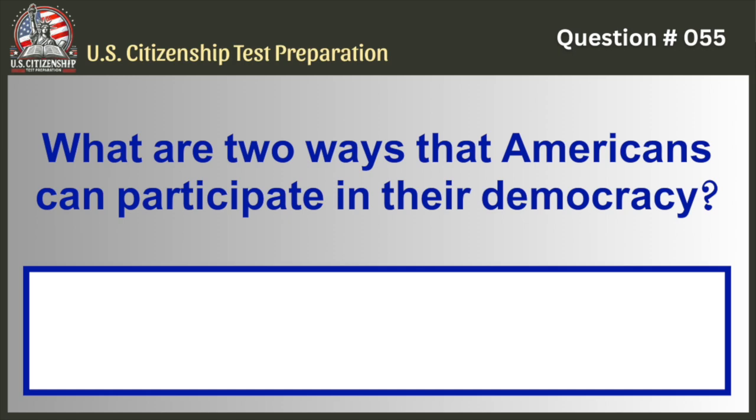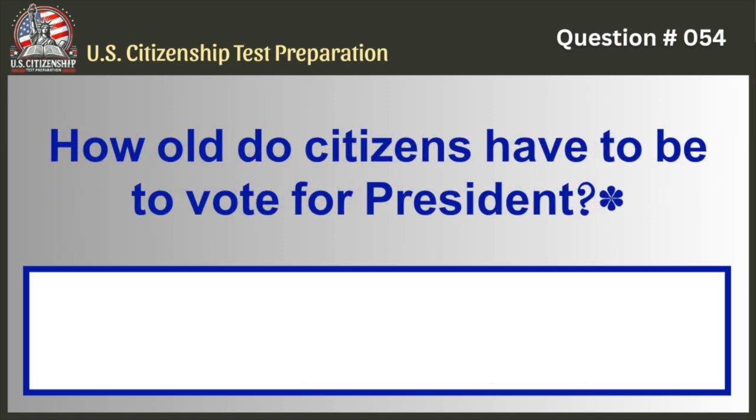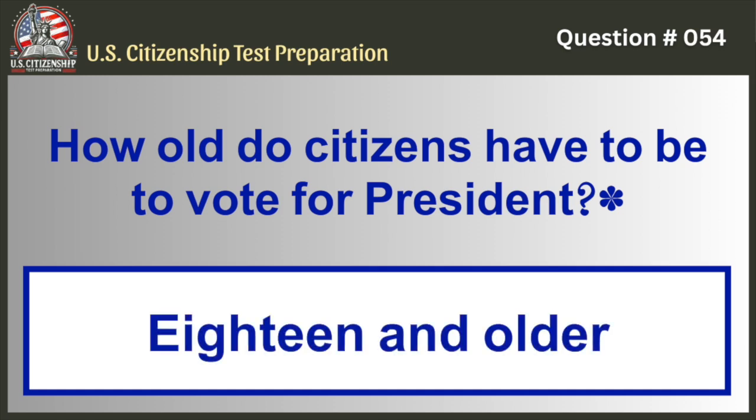What are two ways that Americans can participate in their democracy? Vote. Join a political party. How old do citizens have to be to vote for president? 18 and older.